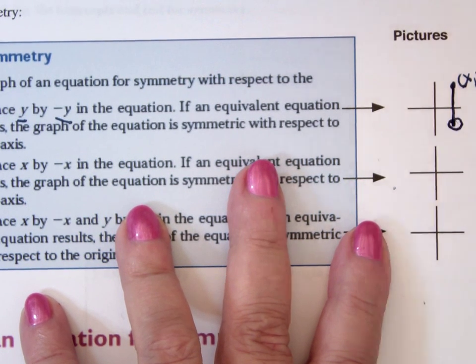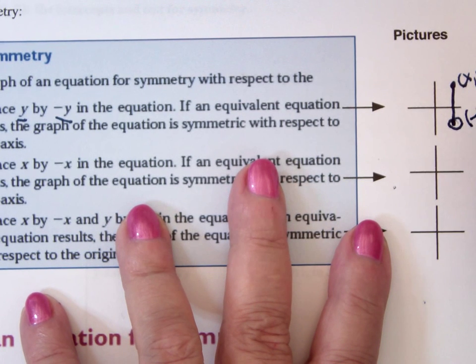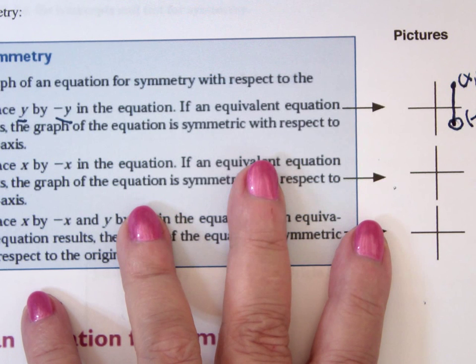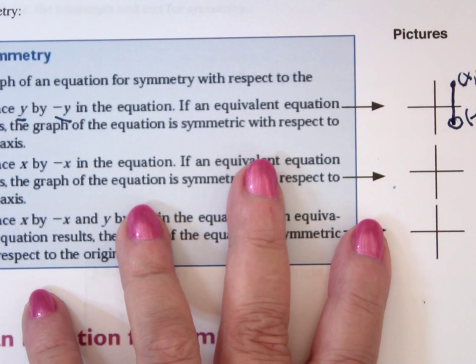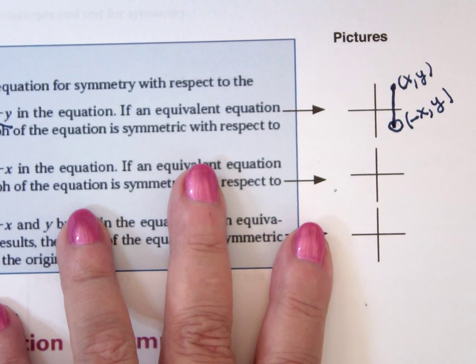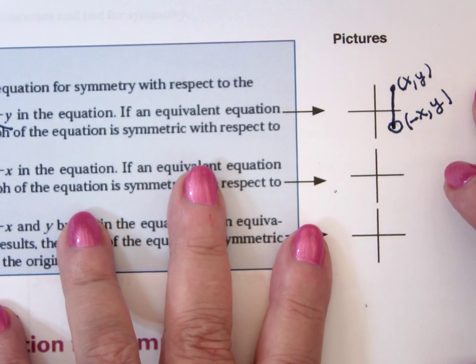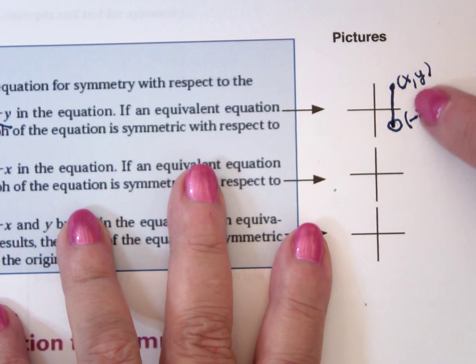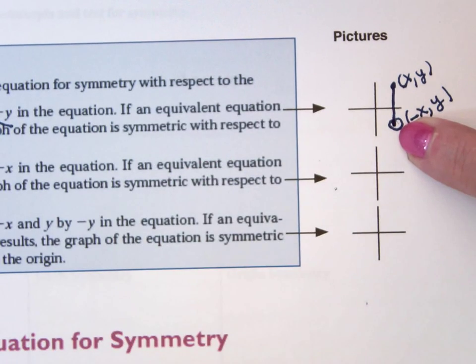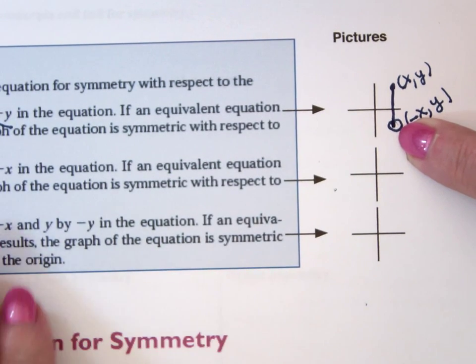The point I'm interested in would be the opposite of x and y. And that's my replacement. My replacement would be the opposite of x and y. Because it's got a fold on top of each other here when I fold it across the x-axis.